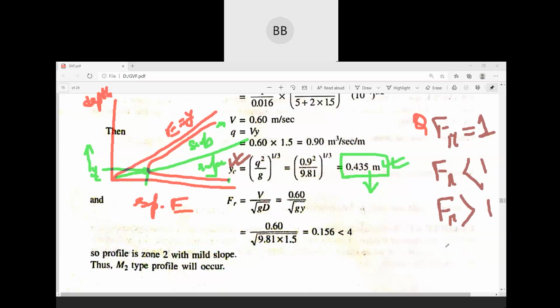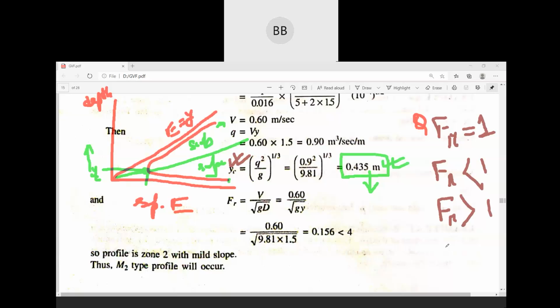So by the Froude number, you can identify whether your flow is subcritical, critical, or supercritical. Once you find the Froude number, you can easily identify the flow stage.